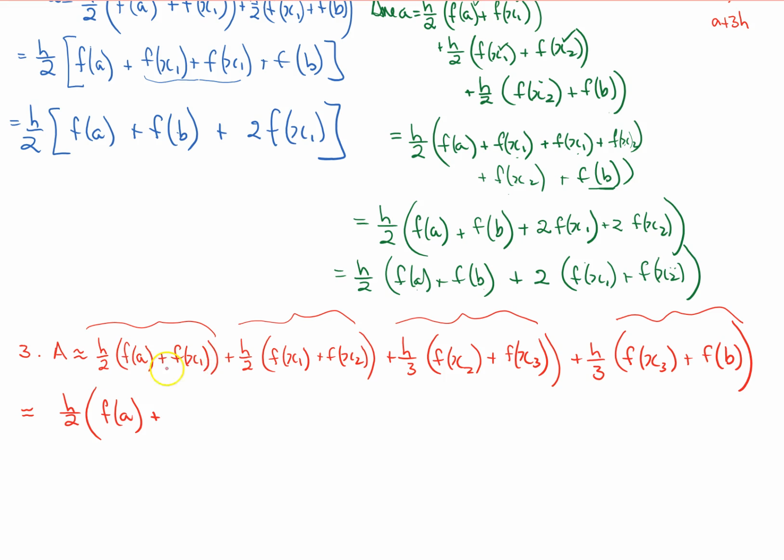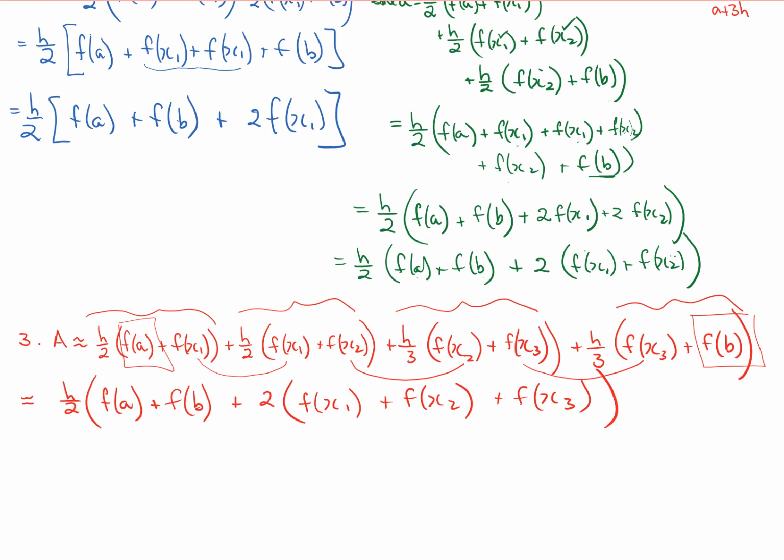You'll see I've got an f of x1 and an f of x1, so again I'm getting 2 times f of x1. If I go a little bit further, I'll end up with 2 f of x2s, 2 f of x3s, and only 1 f of b. So there was only 1 f of a, 1 f of b, and I'm going to put them at the front, because I know the pattern and it suits the pattern to set it up like that.